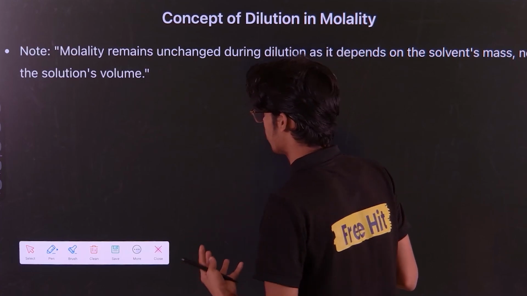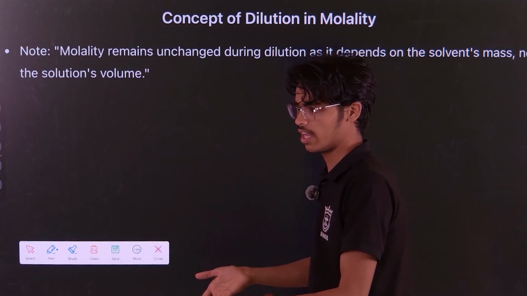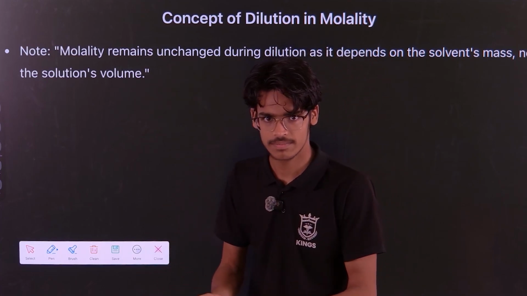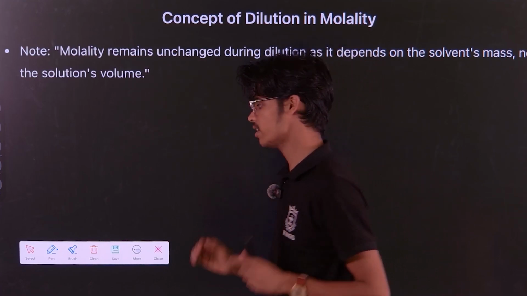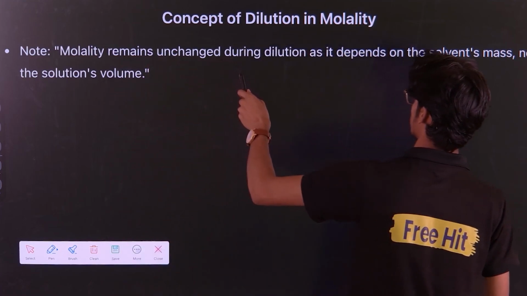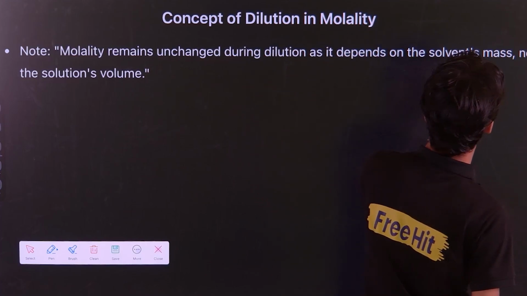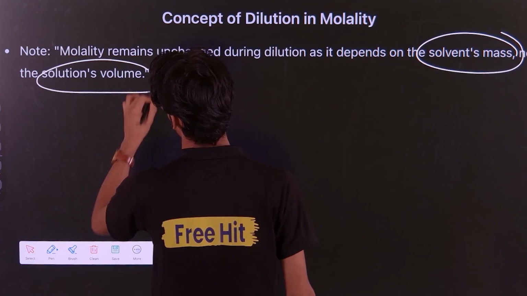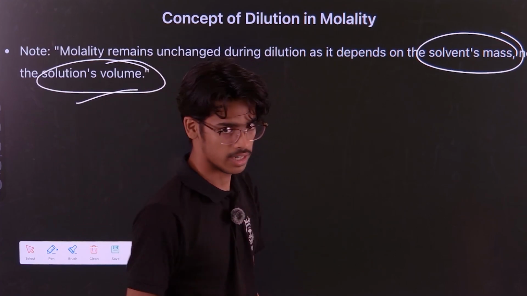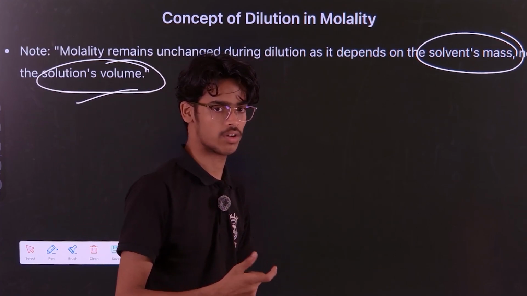But if you are adding water itself and water is the solvent, it means the mass of solvent is increasing. If the mass of solvent is increasing, then in that case the molality should change. Otherwise, molality remains unchanged during the dilution as it depends upon the solvent's mass and not the solution's volume. Got it? It depends upon the solvent's mass, not the solution's volume.